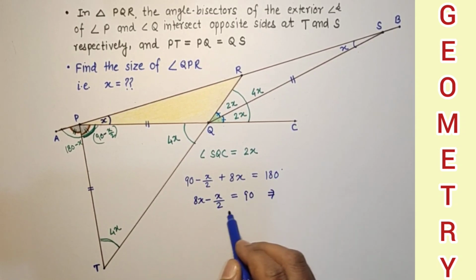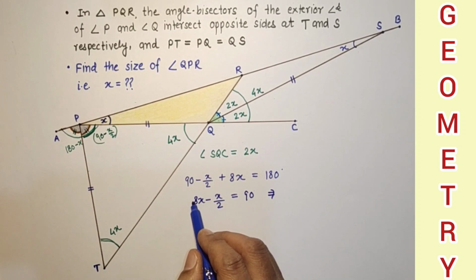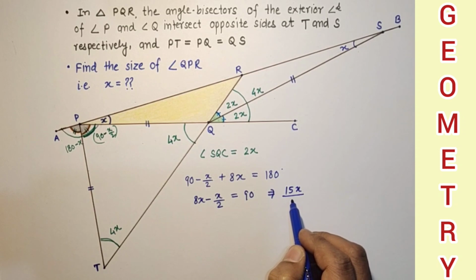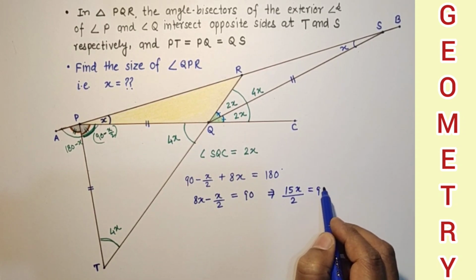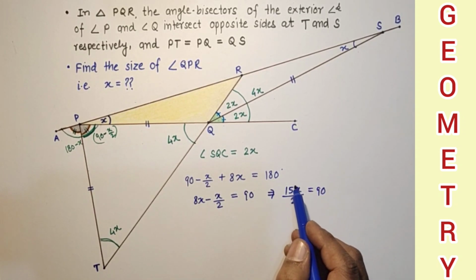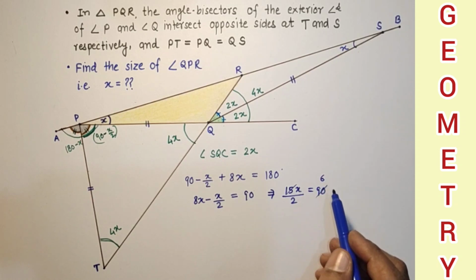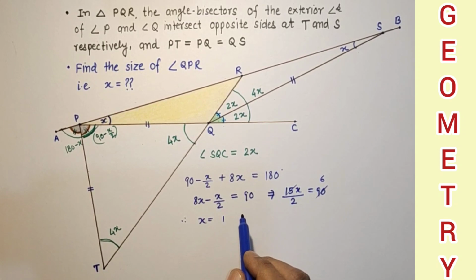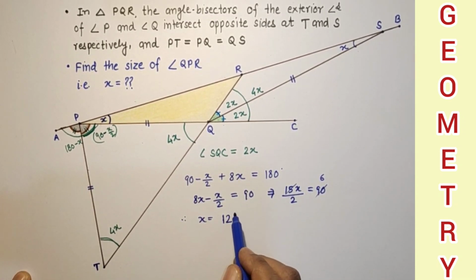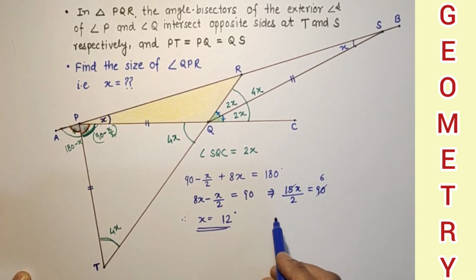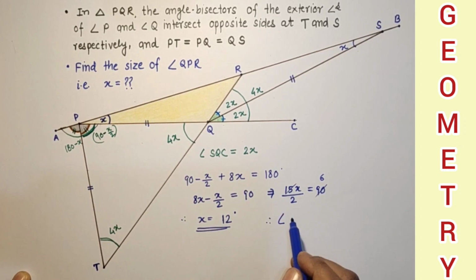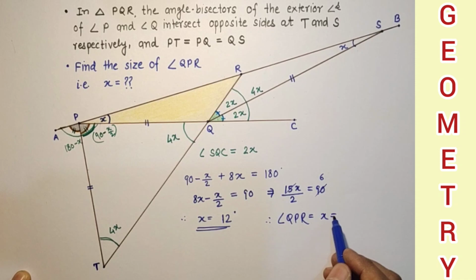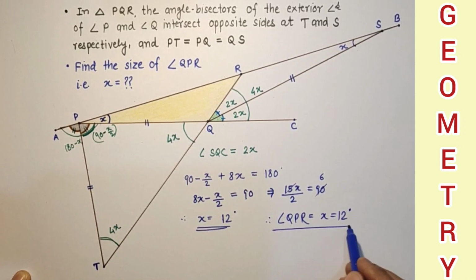If we simplify, multiplying by 2, 16x minus x, 15x by 2 is equal to 90. So 15 into 6 will give you that. So therefore x is equal to 6 into 2, 12. X is 12 degrees. So therefore angle QPR which is X is equal to 12 degrees, and this is the answer.